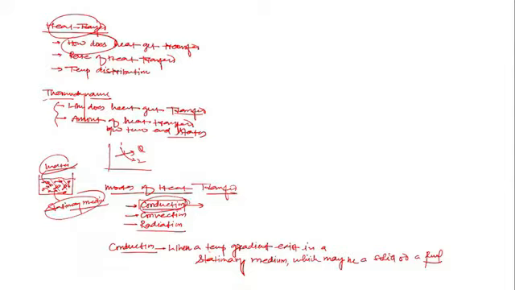When a temperature gradient exists in a stationary medium which may be a solid or a fluid, we use the term conduction to refer to the heat transfer that will occur across the medium.